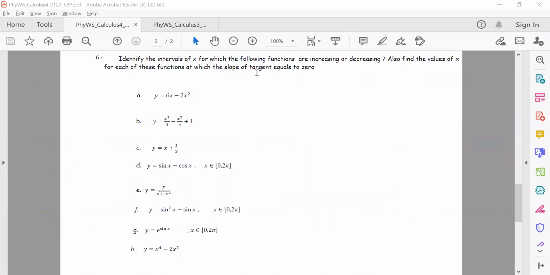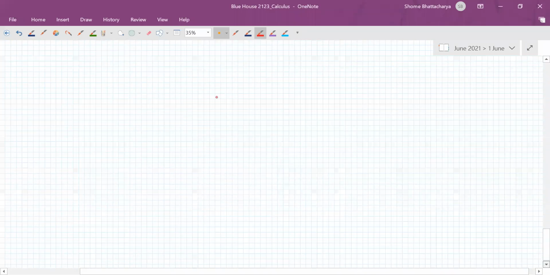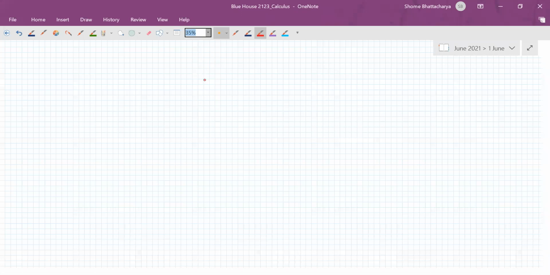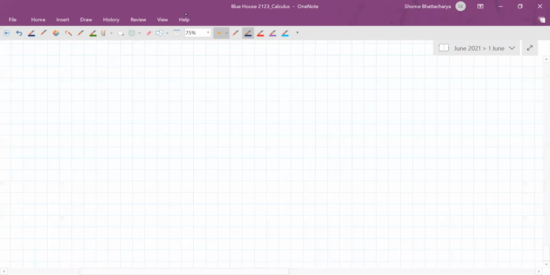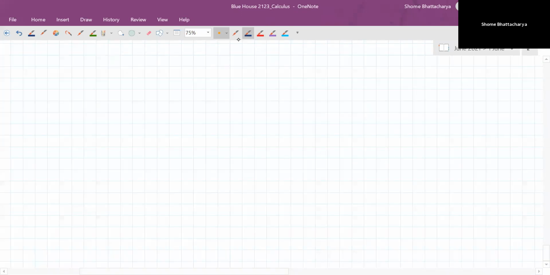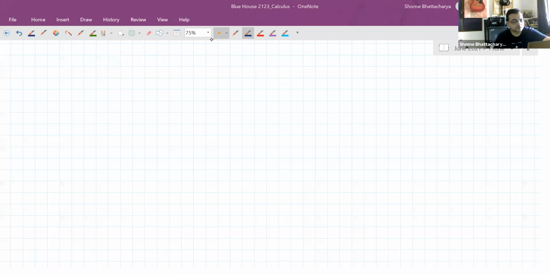Okay, so let's look at this function x to the power 4 minus 2x squared. Worksheet 4, question number 6, last part, that is h.